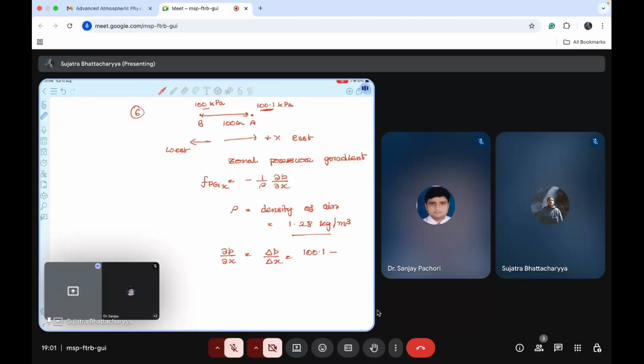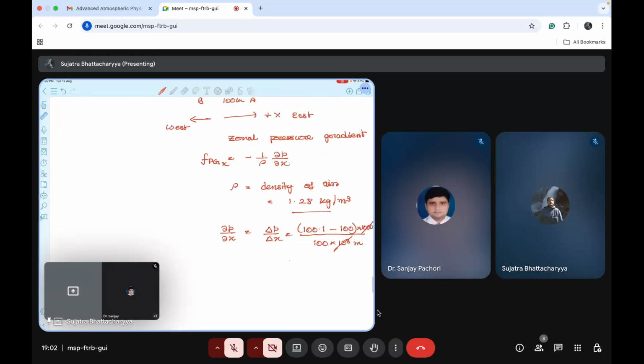100.1 minus 100. Remember, this is in kilopascals, so into thousand pascals, divided by 100 kilometers. So 10 cube again meters. So the 1000s cancel. You get 0.1 divided by 100 pascals per meter.